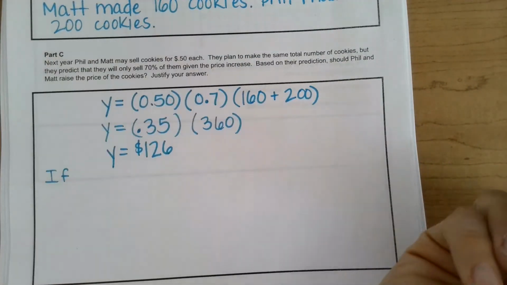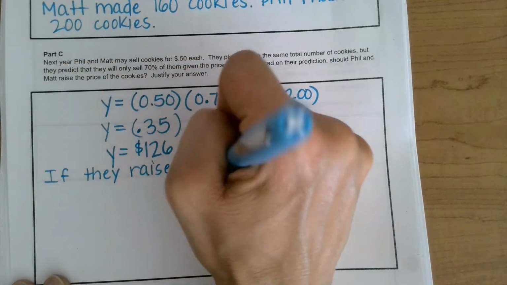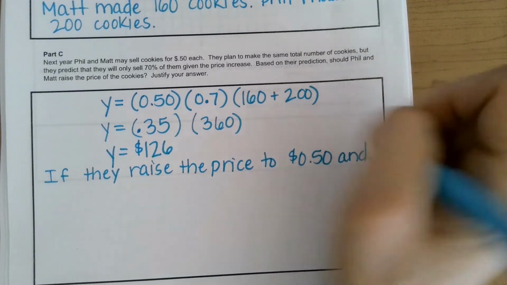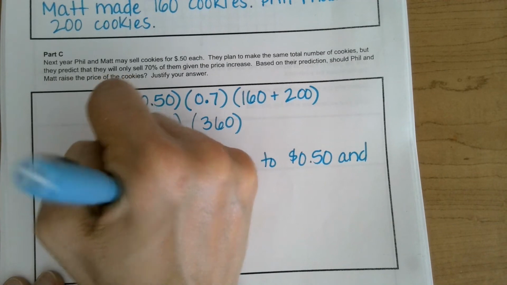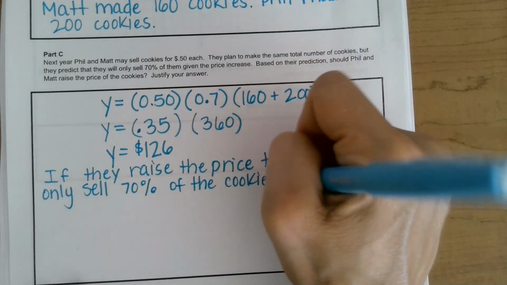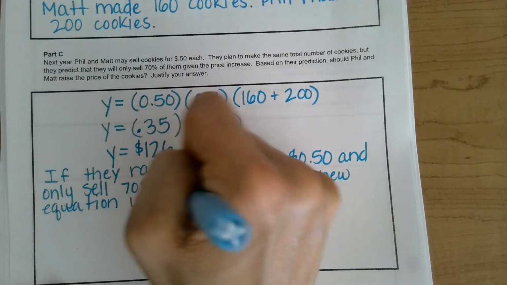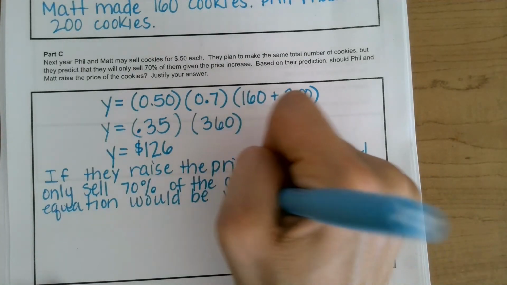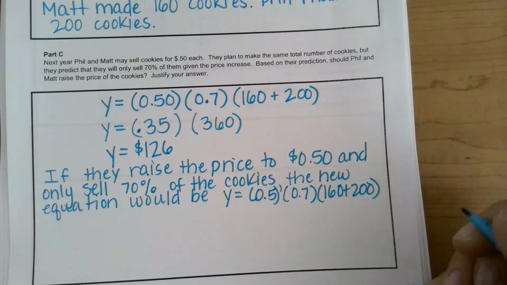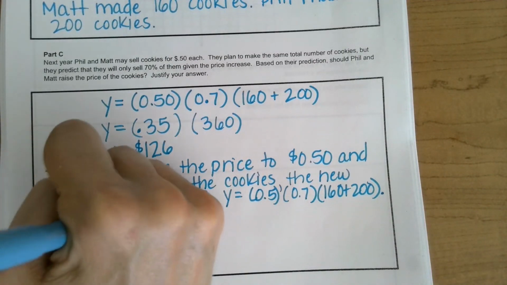So then we need to explain that if they raise the price to 50 cents and only sell 70% of the cookies, the new equation would be y equals 5 tenths times 7 tenths times (160 plus 200), and y equals 126.